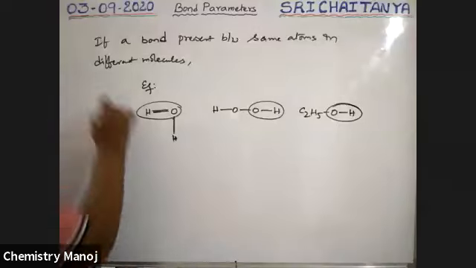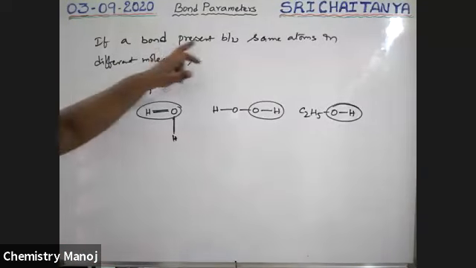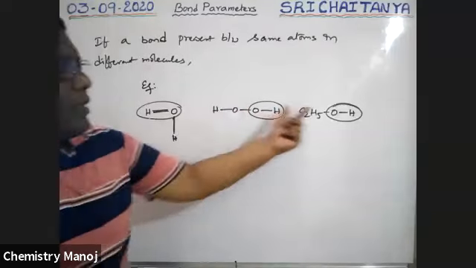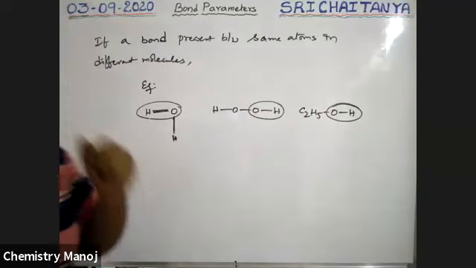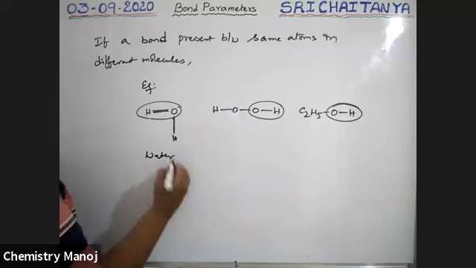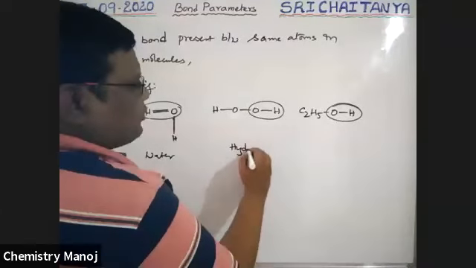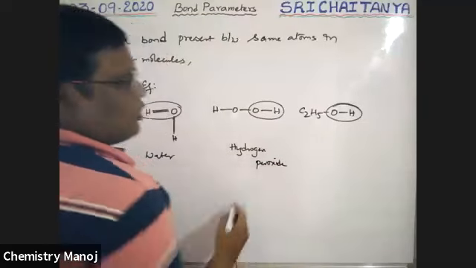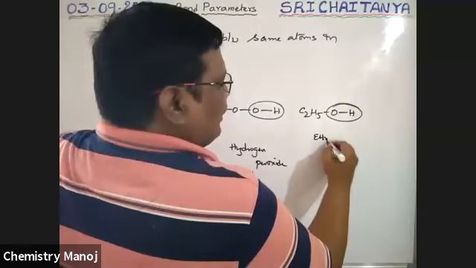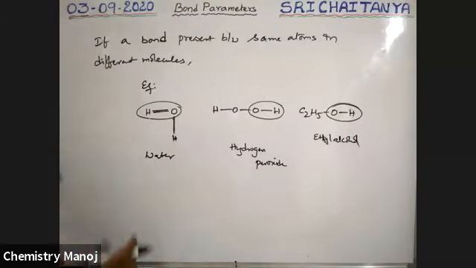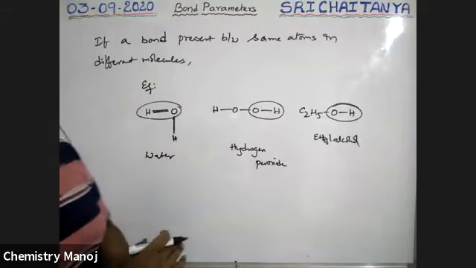See, boys, what I wrote here: if a bond is present between two same atoms but in different molecules. This is water, this is hydrogen peroxide, this is ethyl alcohol. Different molecules, but the same bond.